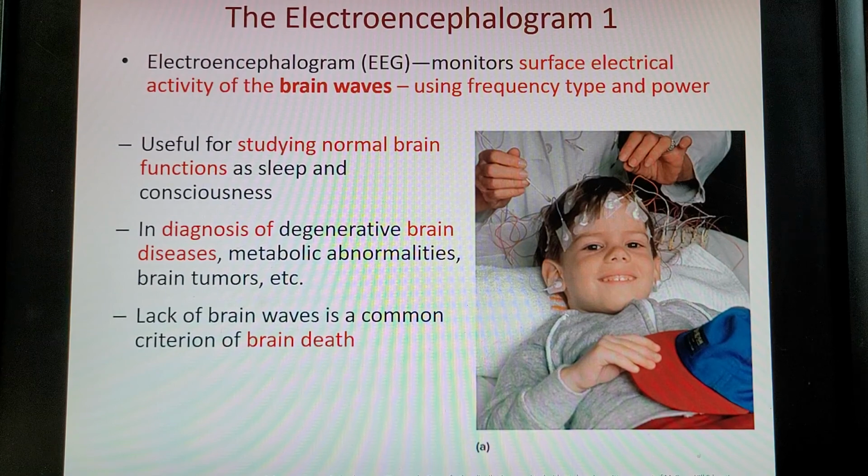So in order to look at the brain frequency of action potentials and activity that's going on in the brain, we use a measurement called an electroencephalogram, or EEG for short. So we're able to see the electrical activity of what's going on in the brain, and depending on what state you're in is going to determine the function of your brain.